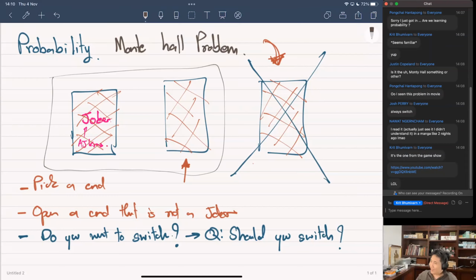So that means whether you switch or you don't switch, the probability is a half. Everyone is with me, right? Because you either switch or you don't switch, and you have two choices at the end. So the probability is a half. That means it doesn't matter whether you switch or not.